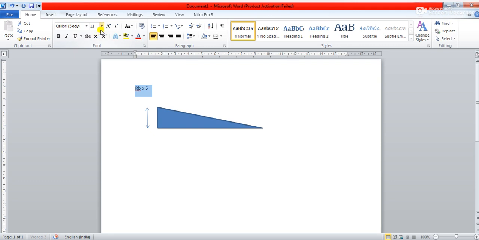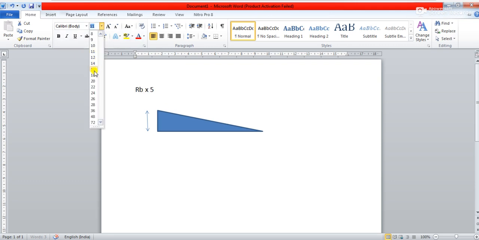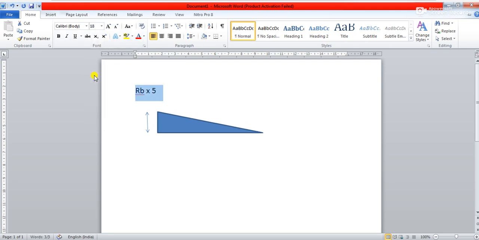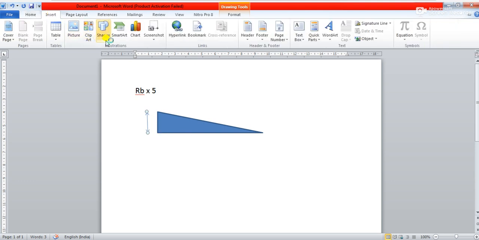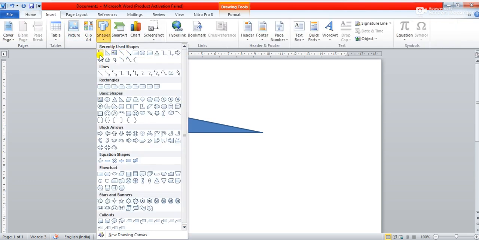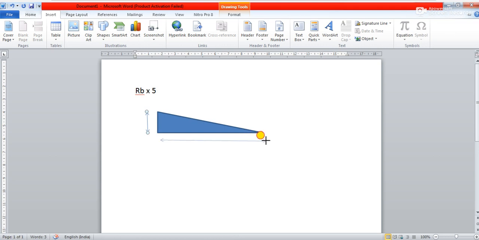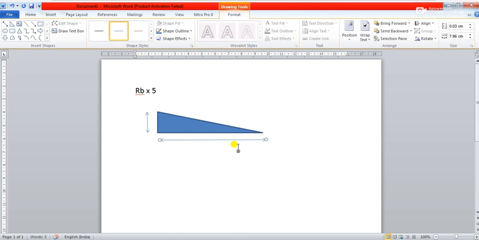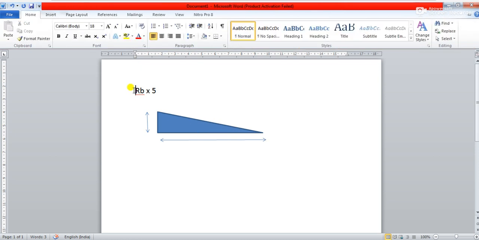RB into 5. If you are not understanding, please interrupt and tell, okay? Otherwise again you will be at the same page. So RB into 5, this is this one, and what is this length? 5. What is this length? Tell me. 5, sir. 5. So from here to here it is 5 meter, right? So what will be the area of this triangle? Half into RB into 5, right?